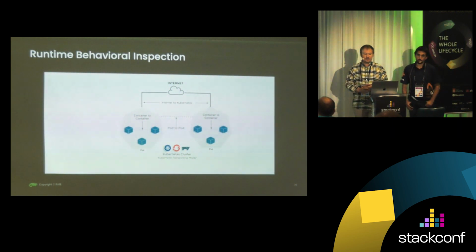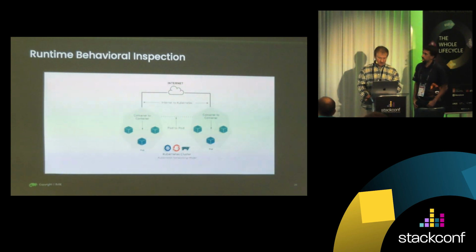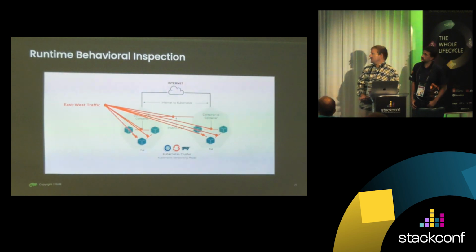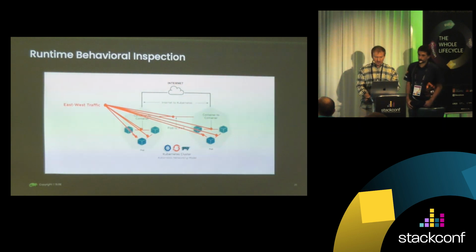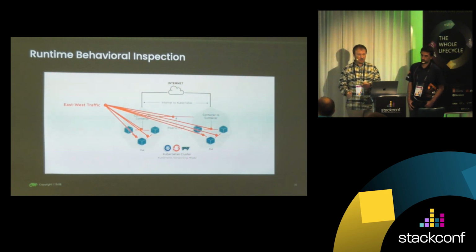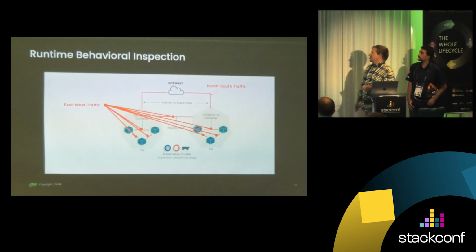also analyze it. So if you look at a typical cluster, the traffic that is going on here is obviously a lot of east-west traffic, so containers speaking to other containers. NeuVector can understand this traffic. It can analyze it on several layers, including the application layer. And the other traffic is the north-south traffic.